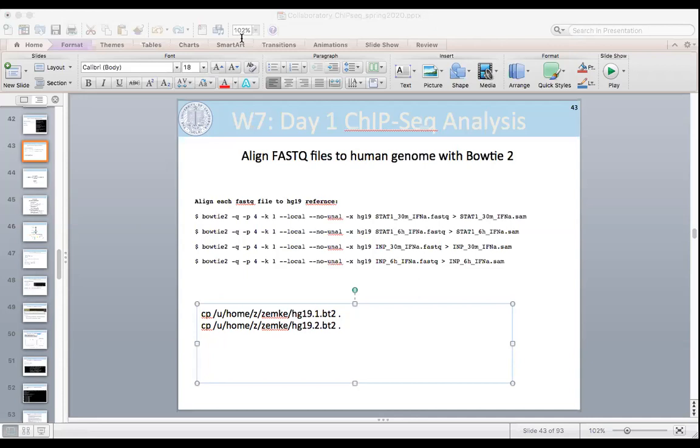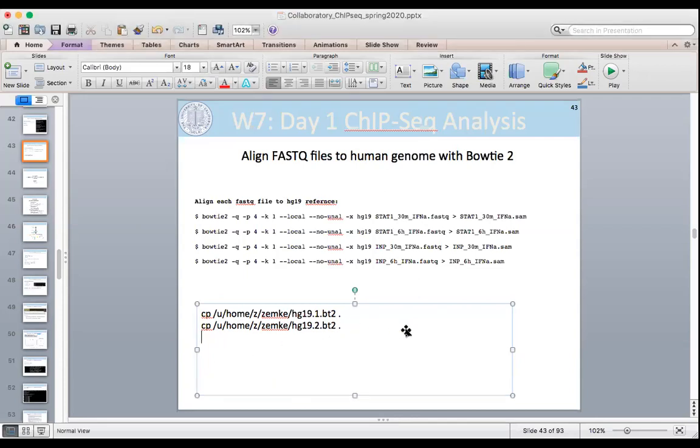There are going to be 6 files that you need to copy to your Flash Scratch folder, and I'm going to paste the command for you to use so you can copy them from my folder.